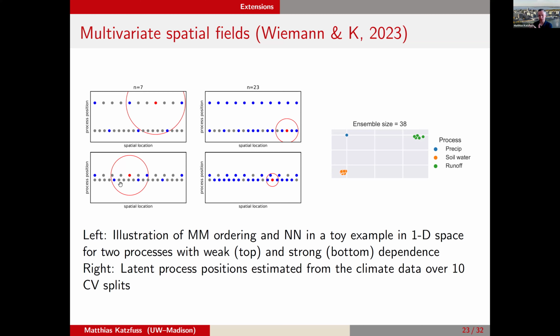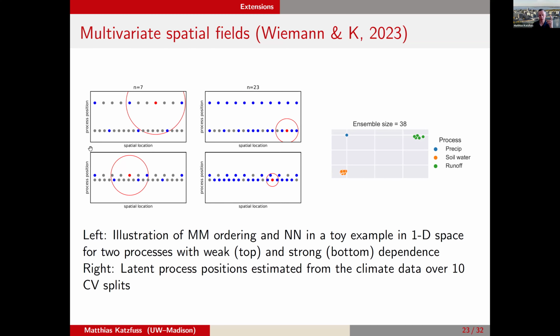Then if we have that, we just do our Maxmin ordering and our nearest neighbor conditioning in this extended space, which consists of the actual physical space and also any latent dimensions that we use to denote how far the processes are apart.